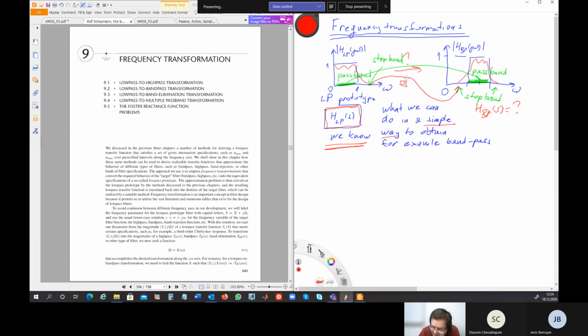So SB. This is here PB, passband. So how can we, for example, connect stop band to stop band and passband to passband and obtain such a transformation.